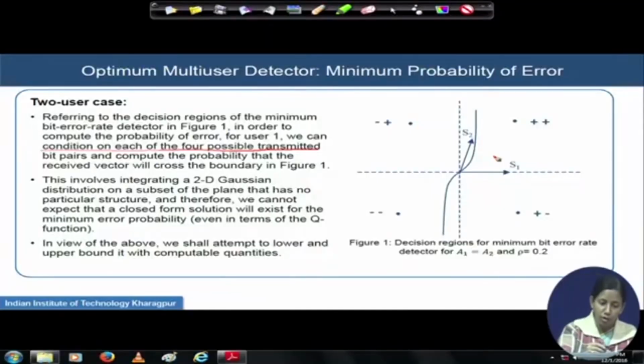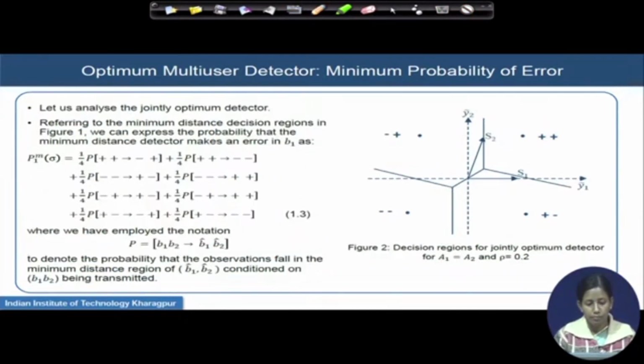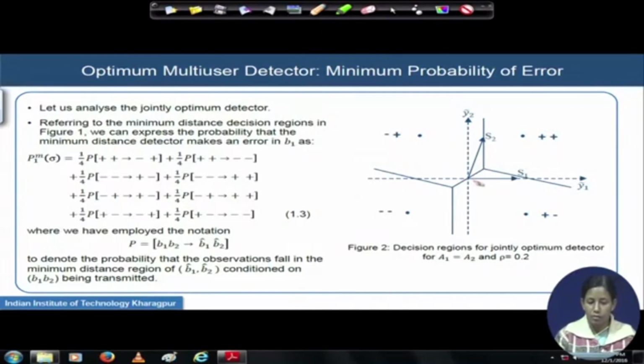So, we will now find the upper bound and the lower bound. Let us continue the analysis with the jointly optimum decision strategy, referring to the minimum distance decision regions that we have seen earlier.